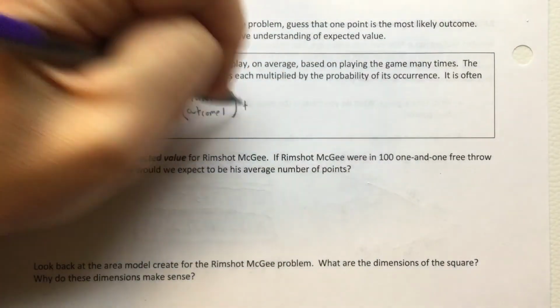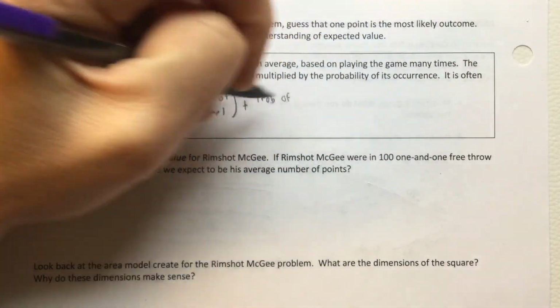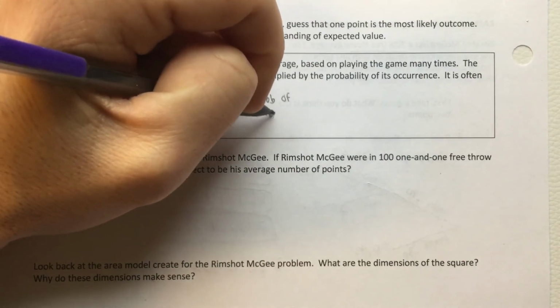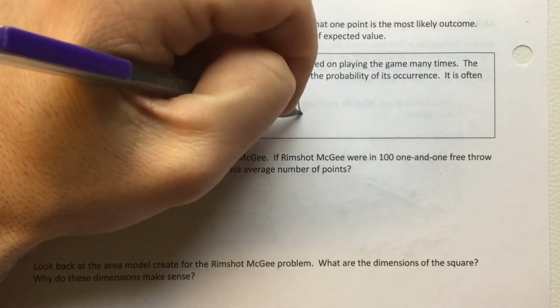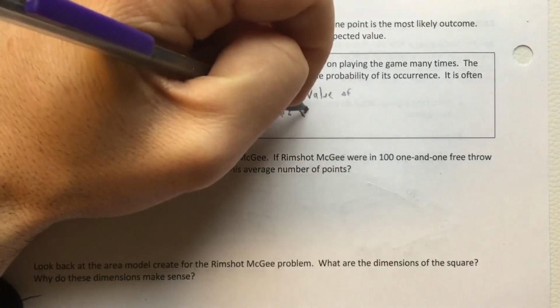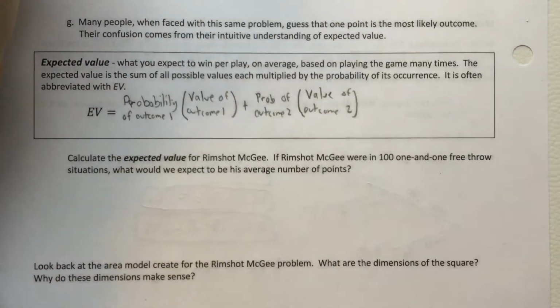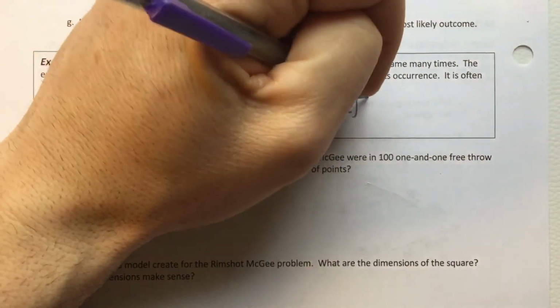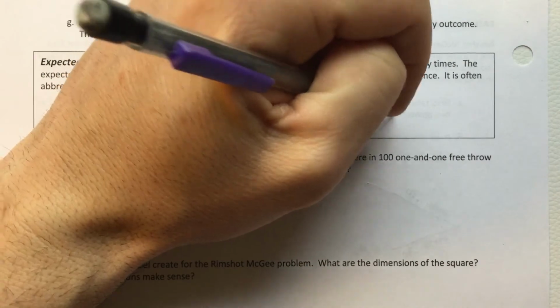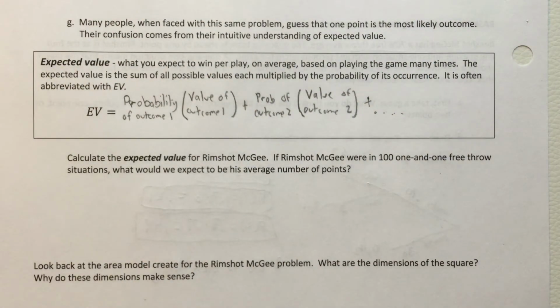And then you take the probability of outcome 2 times the value of outcome 2. Depending on how many outcomes there are is how many times you're going to be adding this. So I would continue this on until I get to all my outcomes.